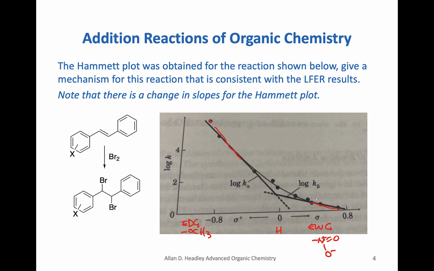This implies that there is a change in mechanism. Whenever you have a change in slopes, as we have here, there is a change in mechanism. So the mechanism for this portion of the reaction is different from this portion of the reaction. Let's see if we can use that to propose a mechanism.